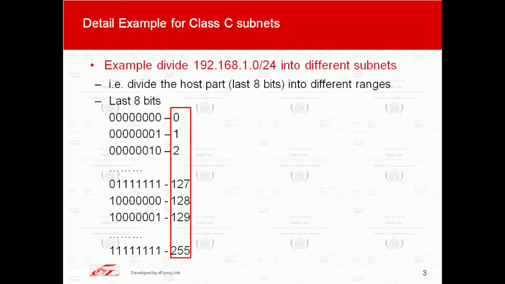Here, I just use the binary to show the correctness of my calculation. Believe me, you can forget the binary later for the actual calculation. To visualize the concept of how to divide these 8 bits into different ranges, I will use what I call the cutter cake model.